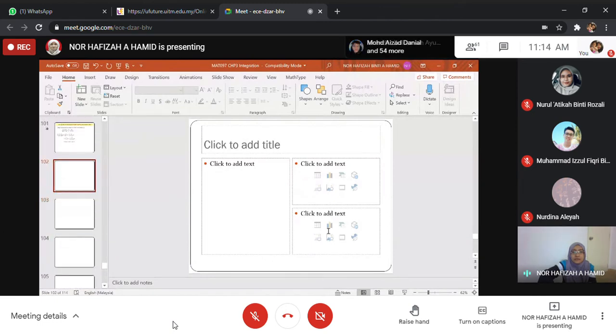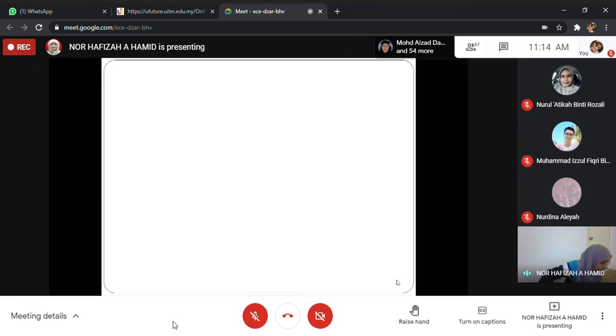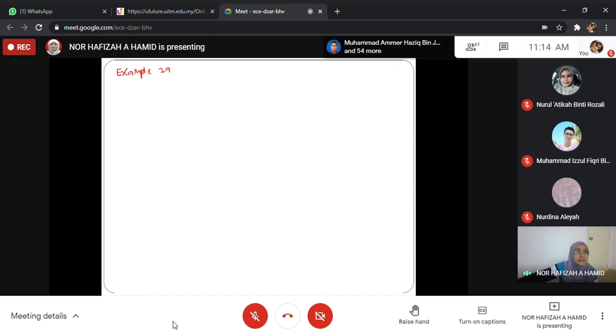You can refer to your notes on example 29. Okay, we need to integrate negative x squared plus 2x plus 2 over x cubed minus 1 with respect to x.